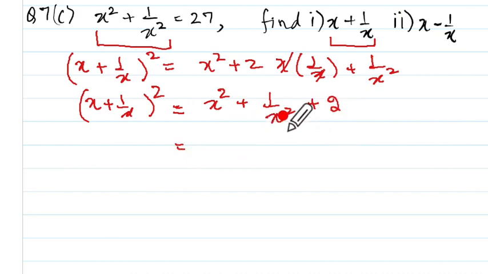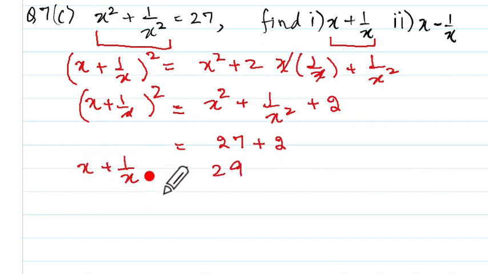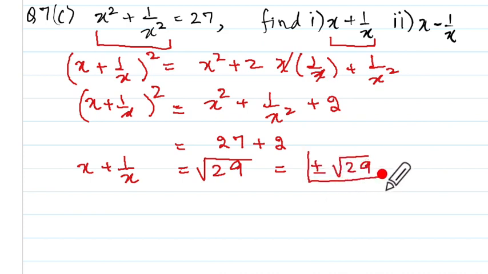Now x squared plus 1 upon x squared is 27. So we add this 2 to that, and that will give us 29. So your x plus 1 upon x will be square root of this. We write it as plus or minus square root of 29. So this becomes our answer 1.